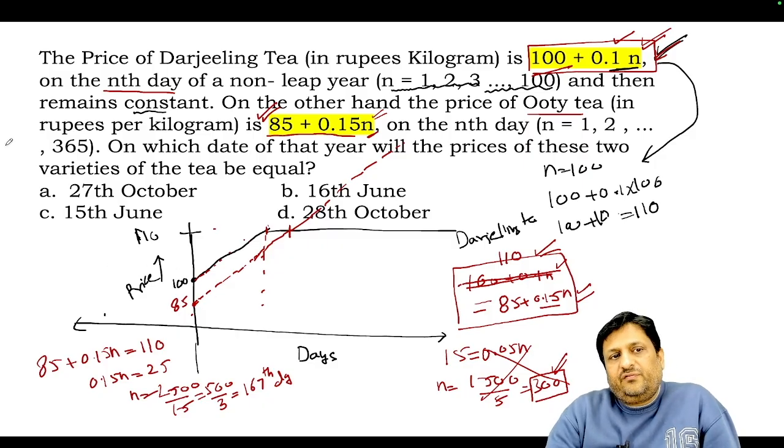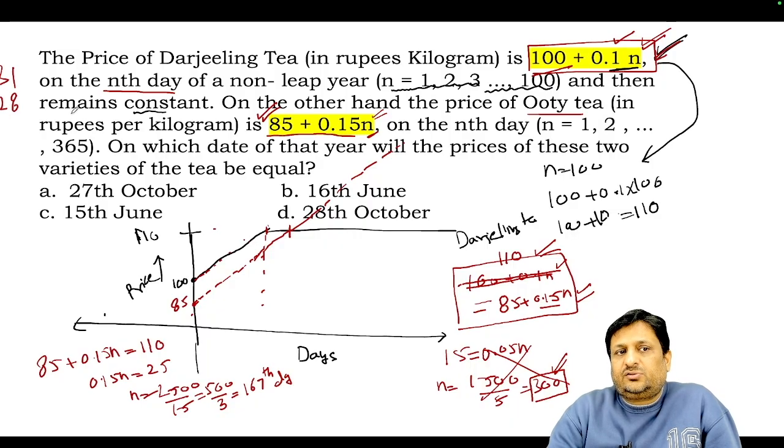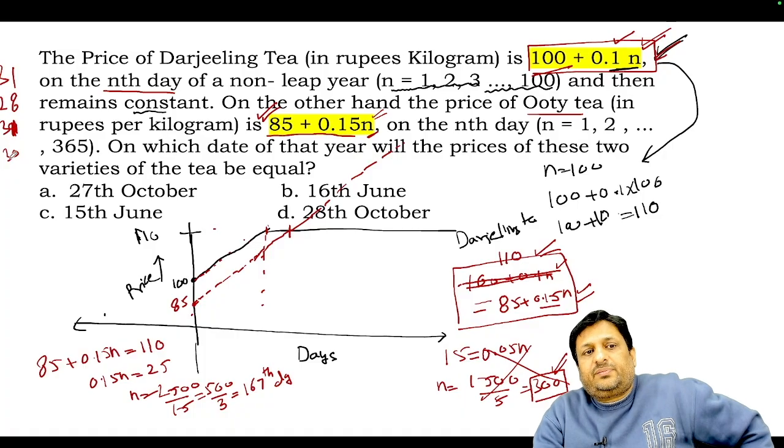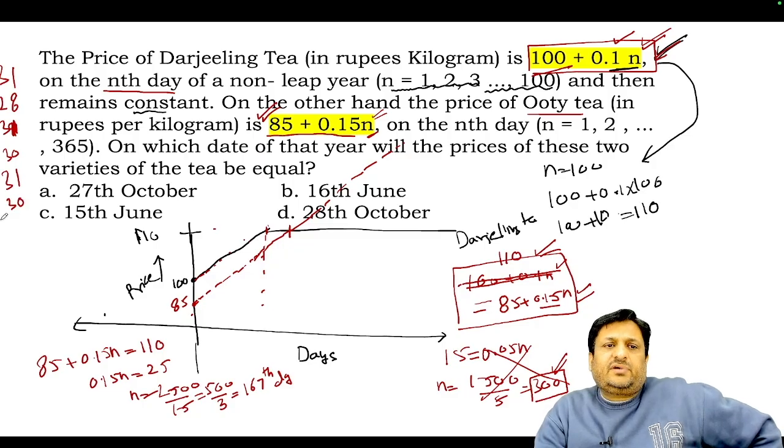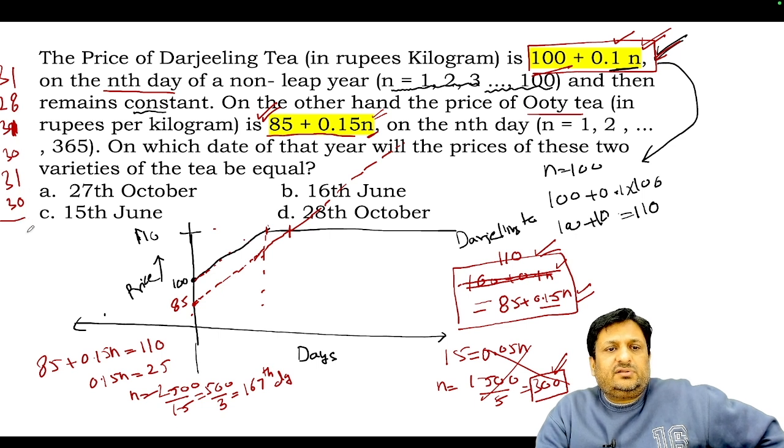Now, we know in January we have 31 days. In February, in a non-leap year, it has 28 days. In March we have 31 days, April 30 days. January, February, March, April, May, June. Let me add till June now. So it is going to be 31, 28, 31, 30, 31, 30, which is more than 167 in total.